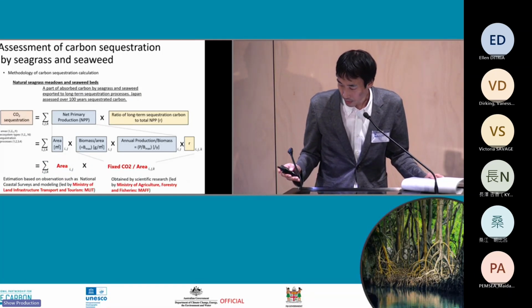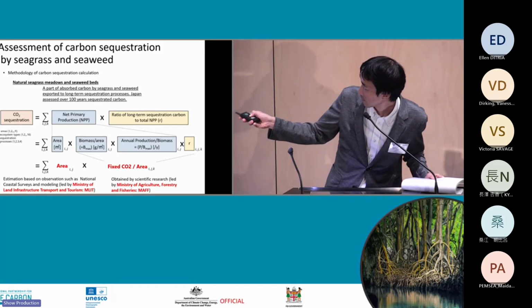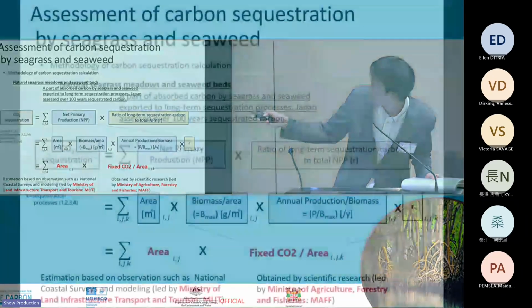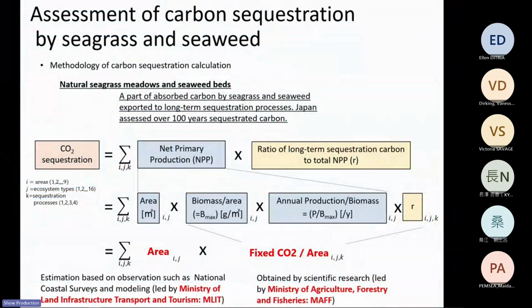You can see basically this final line. The carbon sequestration is represented by area multiplied by fixed carbon dioxide per area. And IJK is, I is area, J is ecosystem type, K is sequestration process from 1 to 4, which I mentioned in the previous slides.